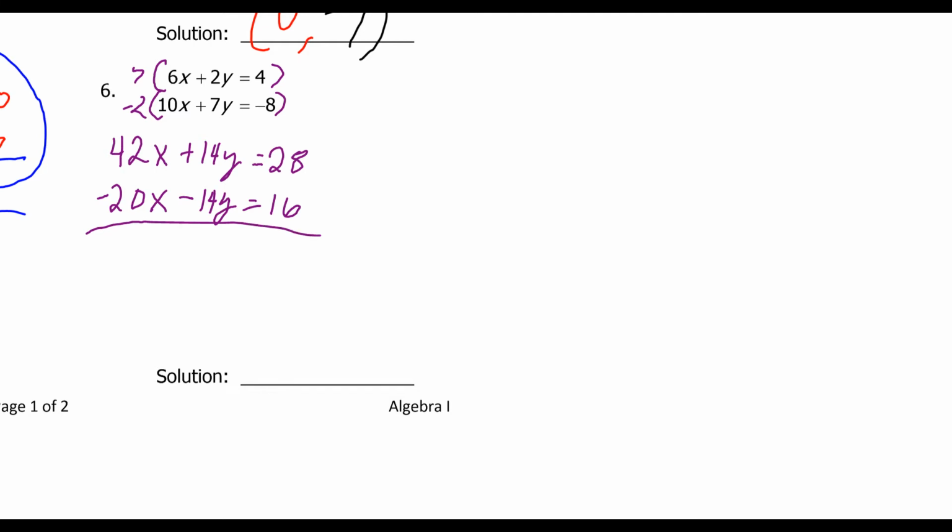All right? Now, let's see what cancels. Okay, we can obviously see that the 14y's cancel. What we're going to be left with, though, is 22x equaling 44, and then we're going to divide by 22 on both sides, and x equals 2.